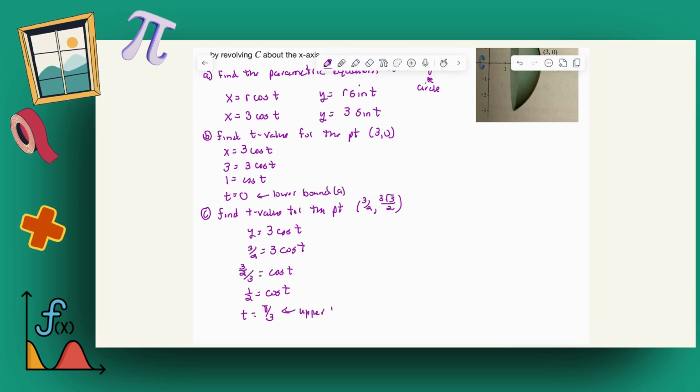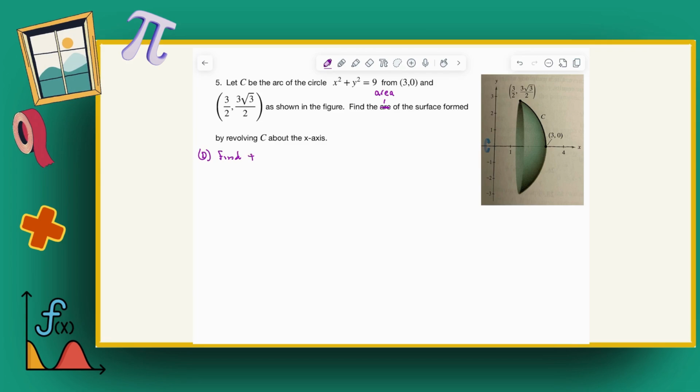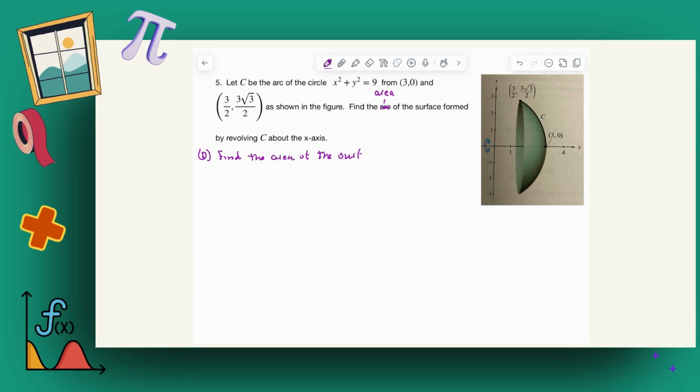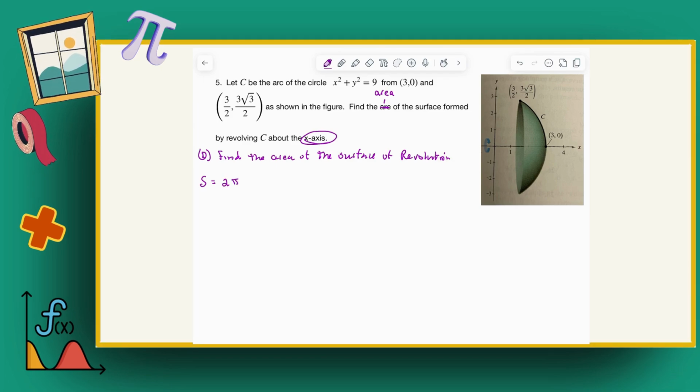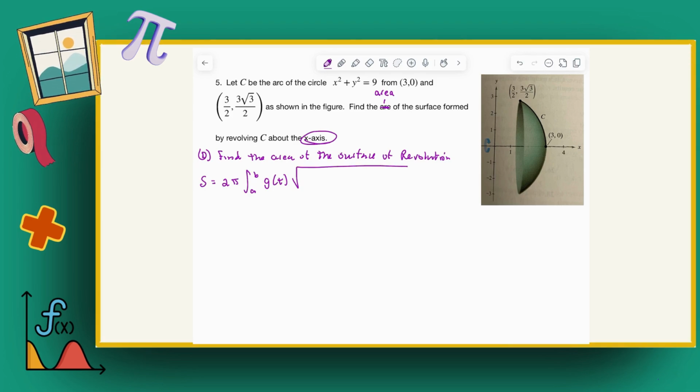And so I'm going to now plug this information into my area formula for areas of revolution. Now the problem said that we're revolving around the x-axis, so I'm going to use that first formula, which is equal to 2 pi times the integral from a to b of g of t times the square root of f prime of t squared plus g prime of t quantity squared dt.